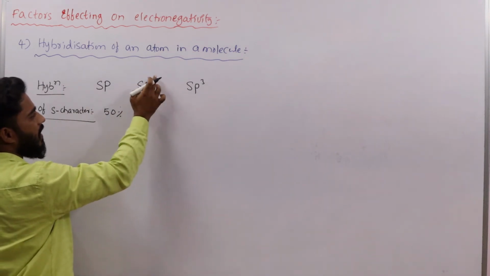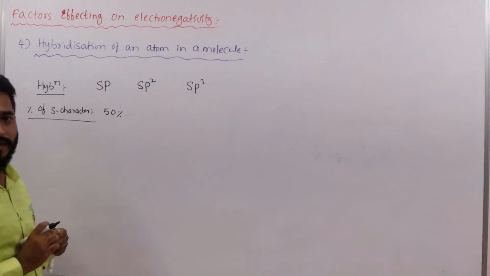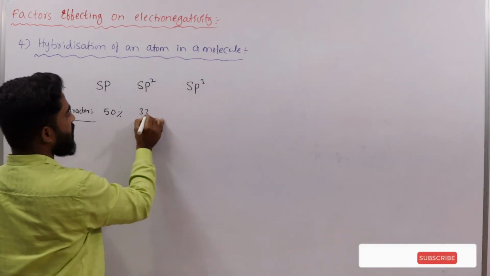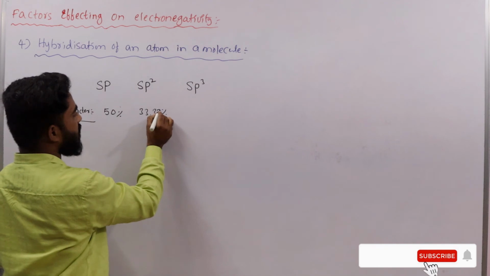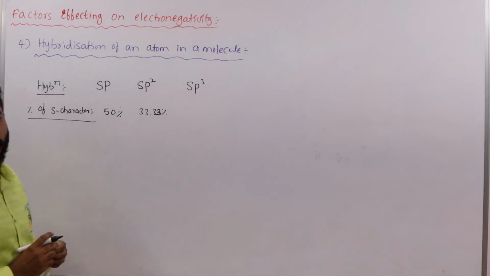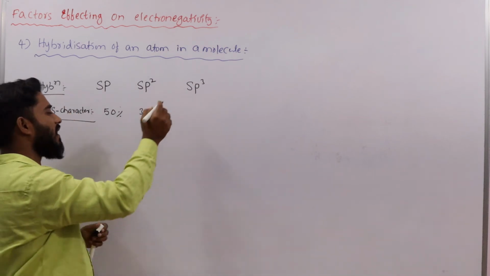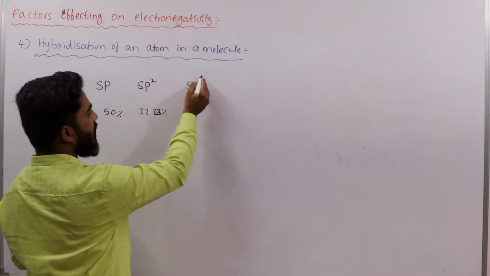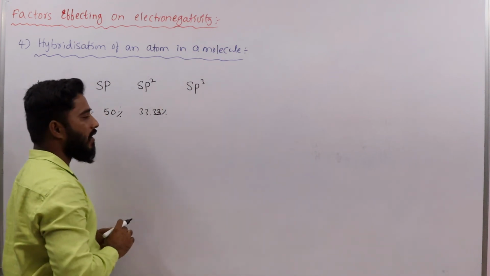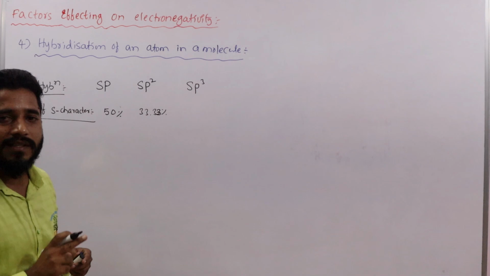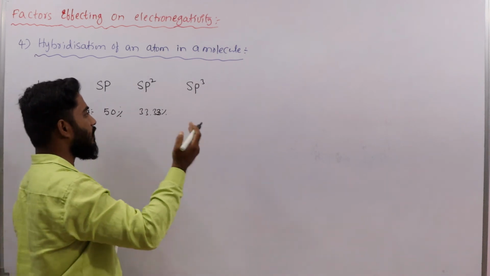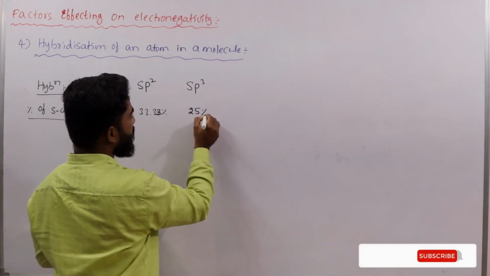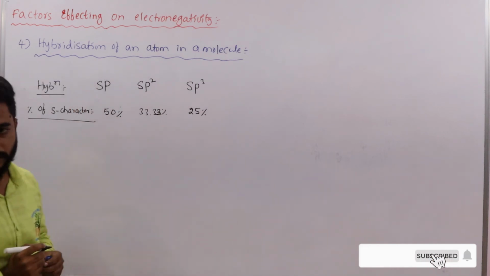Only one s orbital is present, that means 1 by 3, which is 33.33%. Let us take sp3 hybridization. Here totally four orbitals, one s orbital and three p orbitals. Only one s orbital is present, means 1 by 4, so the percentage of s is 25%.